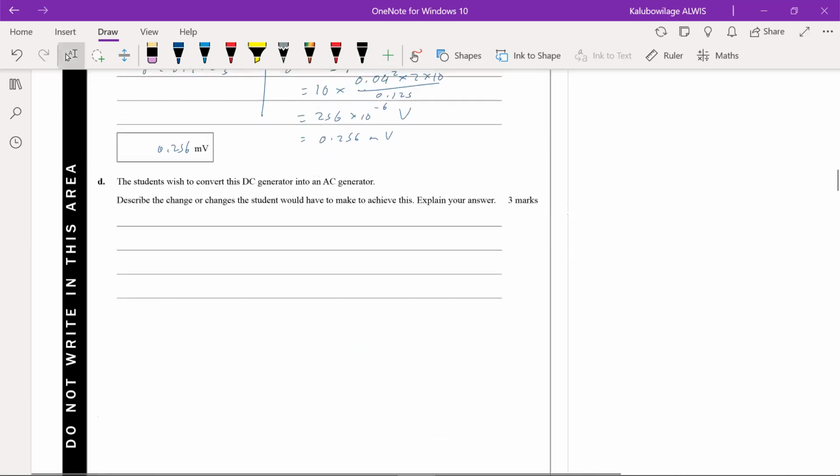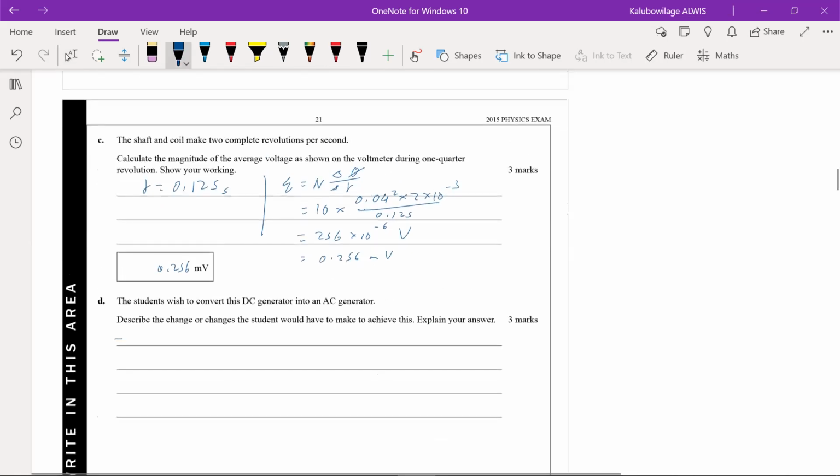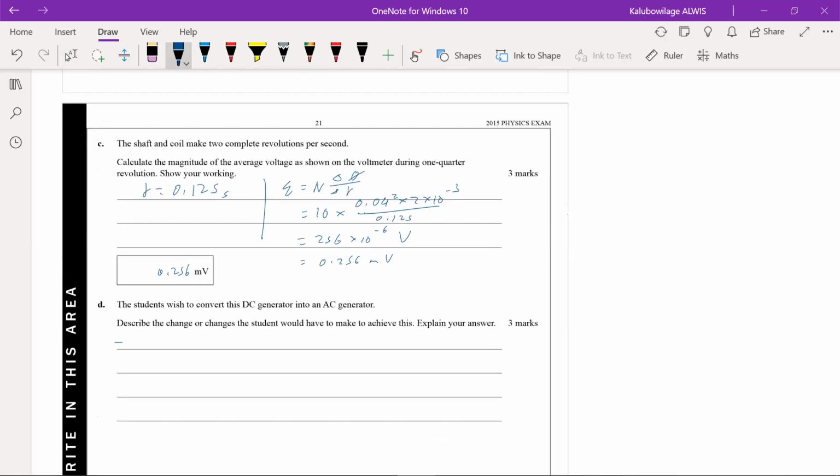To convert this DC generator into an AC generator, since a commutator is used for DC, for AC they use slip rings. So replace the commutator with slip rings.